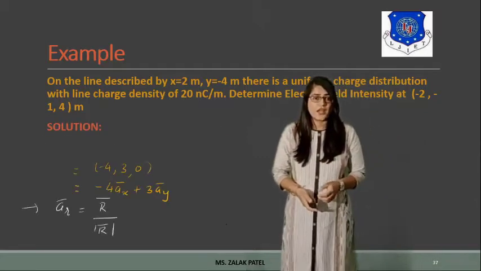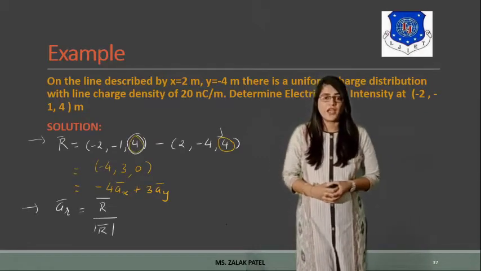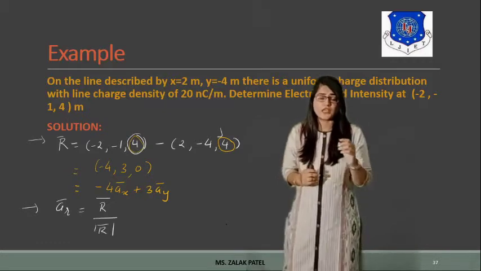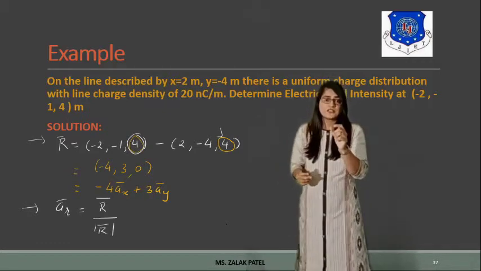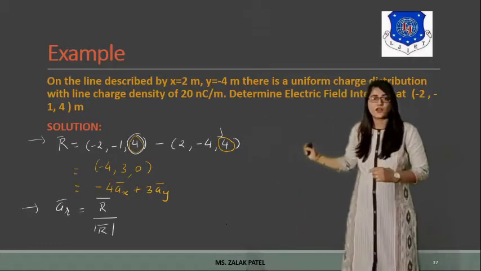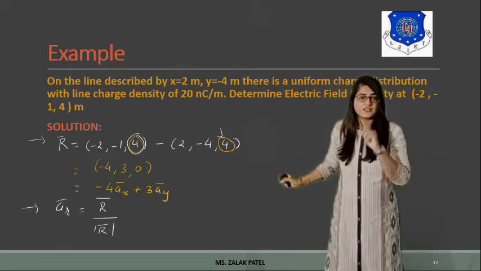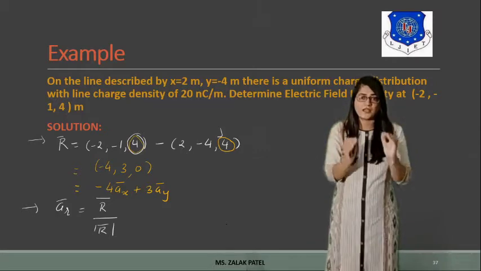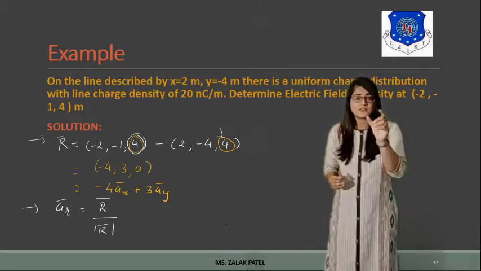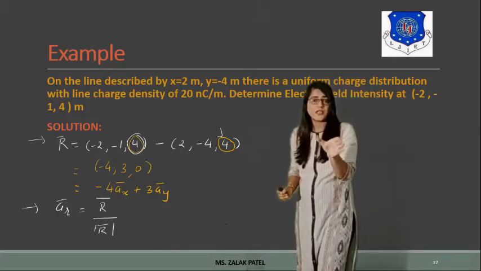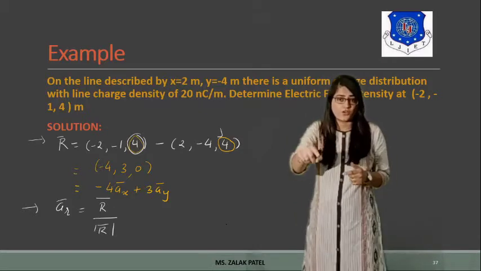So first, we simply put (-2, 1, 4) as it is. Why is it taken as it is? Because you have to determine the field intensity at that particular point.